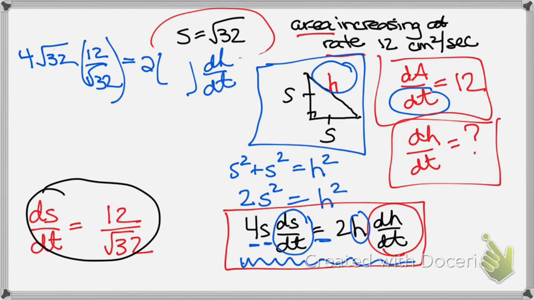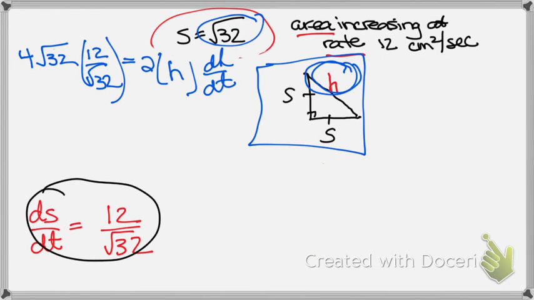So the missing piece right here, I need to fill in this with an h because I can't have two unknowns. So look around the problem. How am I going to get h? Well, h is right here. And I know what S is. S is the square root of 32. So basically, you're going to plug it into the Pythagorean theorem and solve for h. So using the Pythagorean theorem, S was the square root of 32, and I need h.